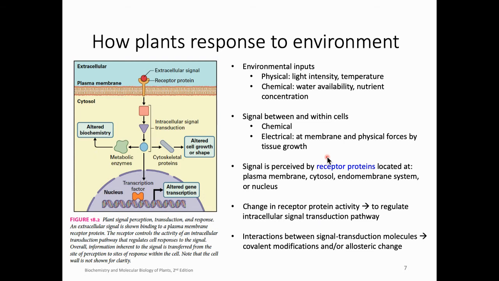So how do plants respond to the environment? As we said earlier, there is light, temperature, and chemical properties like water and nutrients. Talking about light, a plant doesn't only receive the light intensity, it can also perceive how long the light lasts during the day, or it can perceive the season by checking how long the daylight is.